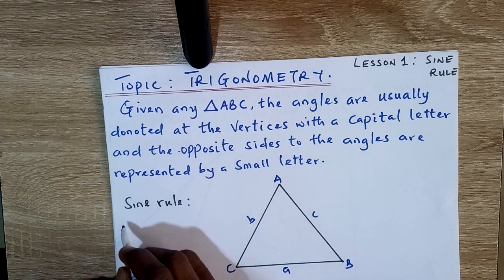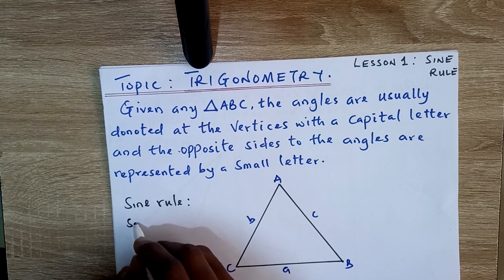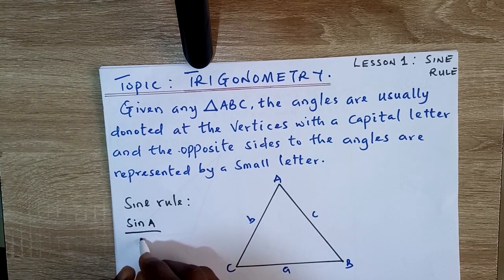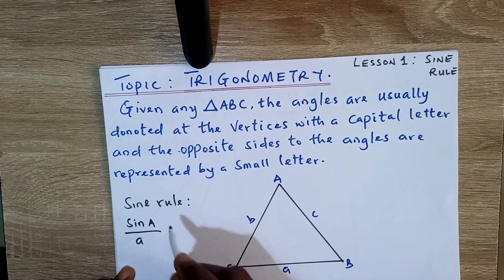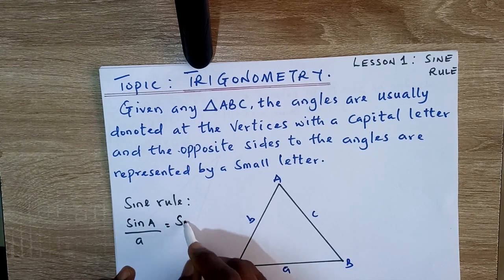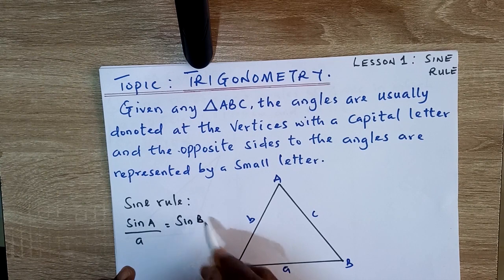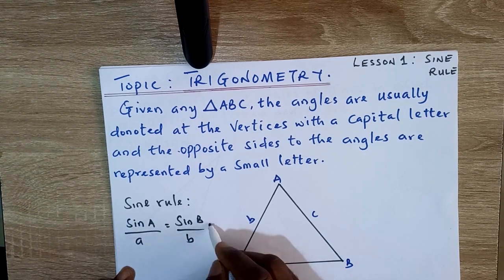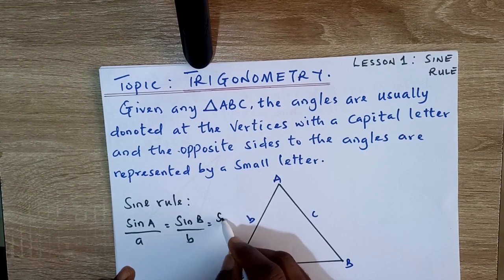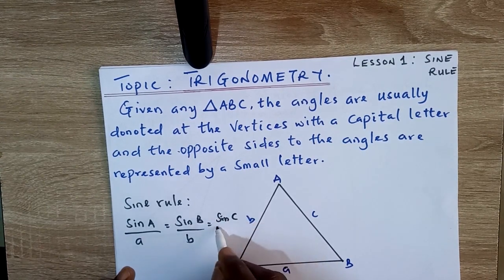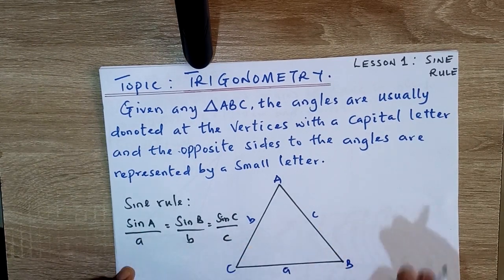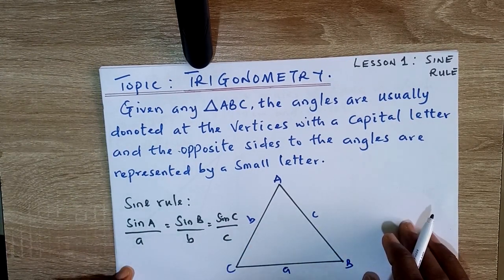So we can write the sine rule as sine of the angle at A divided by the side a equals the sine of the angle at B over the side b, and as well it is the same as the sine of the angle at C divided by the side c. This is what the sine rule is all about.